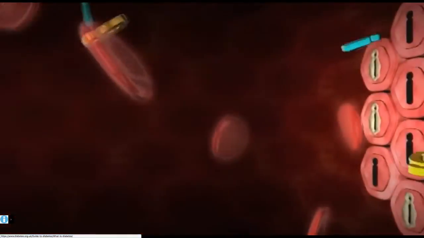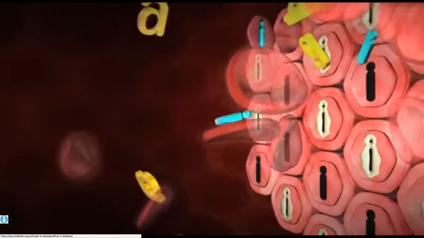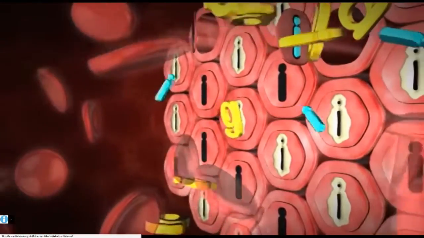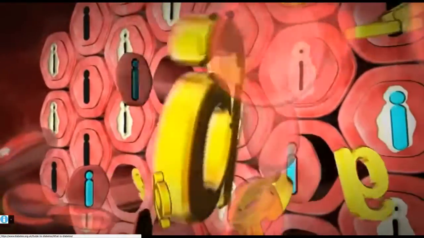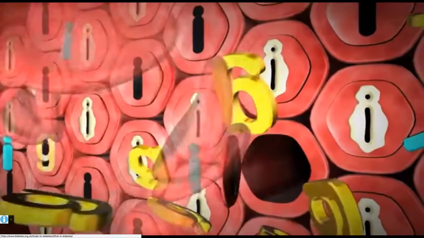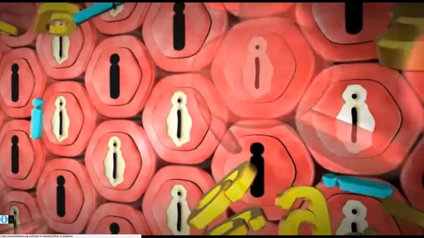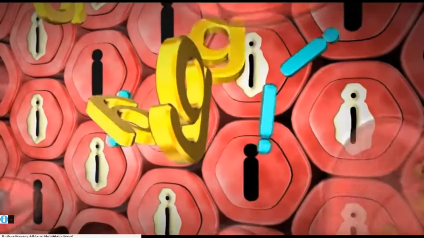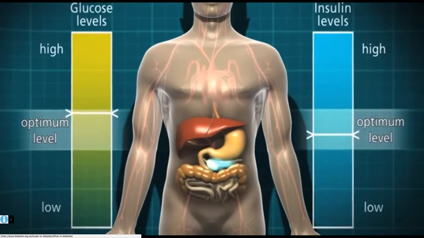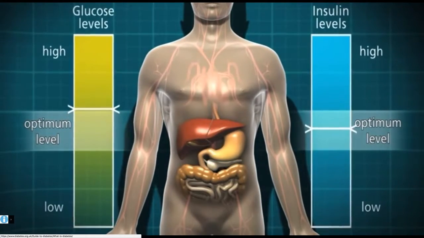However, the glucose can't always get into the cells because the locks to the cell doors have become furred up with fat deposits. That means that the insulin can't open the cell doors properly. So the level of glucose in the blood continues to rise. In response to this, the pancreas produces even more insulin.